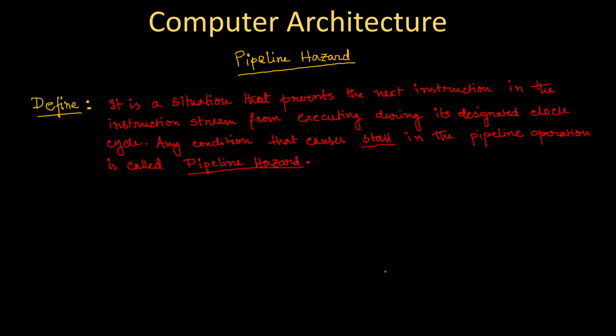With respect to different situations, the cause of the hazard can be defined mainly in three ways. So a pipeline hazard is defined mainly in three parts.